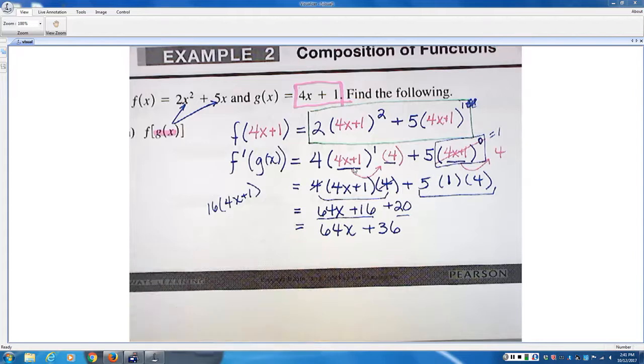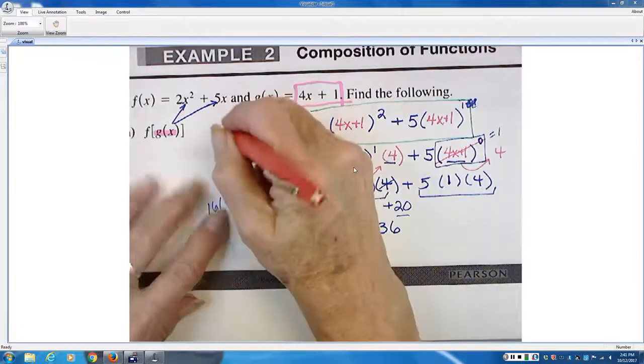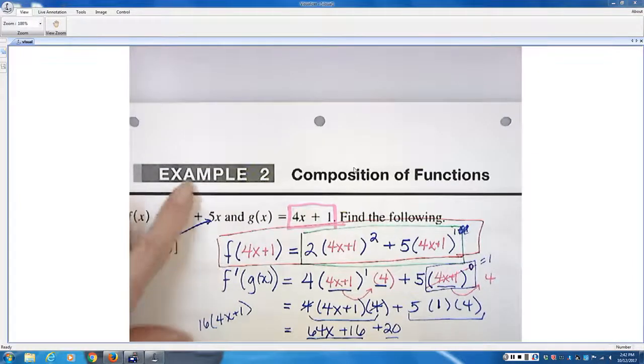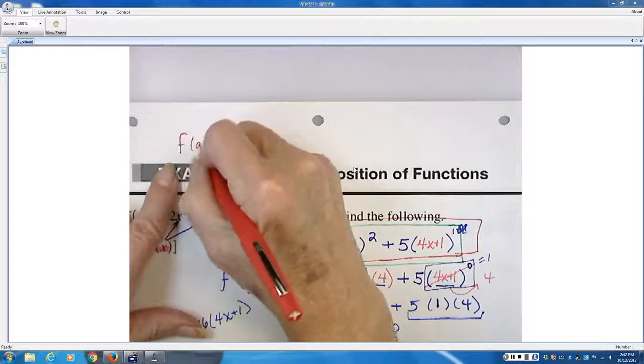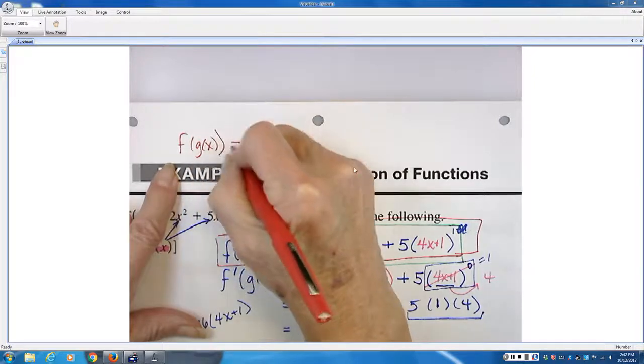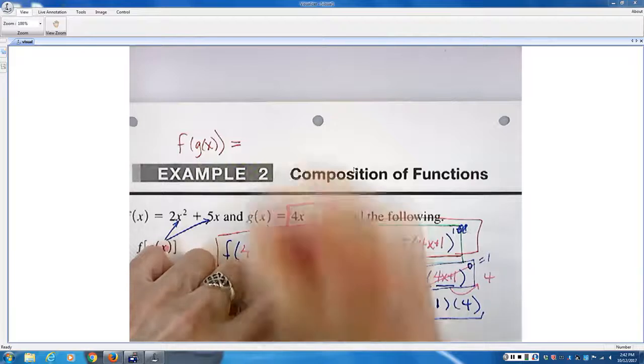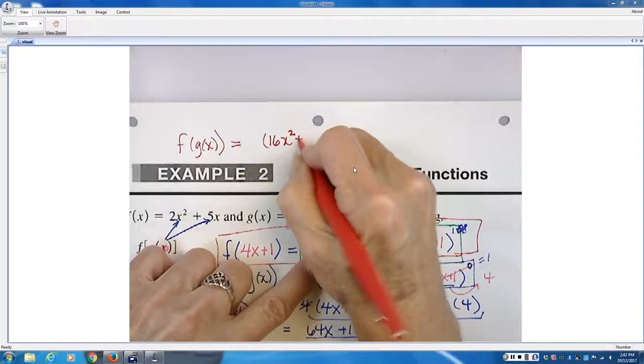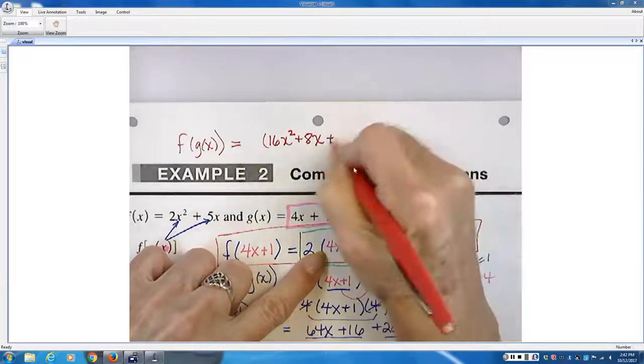And the reason I did that is because we can prove that this is the right derivative. It takes a little algebra. We can actually prove this one. Because if I take f of g of x, that function right there, 4x plus 1 quantity squared is 16x squared plus 8x plus 1.